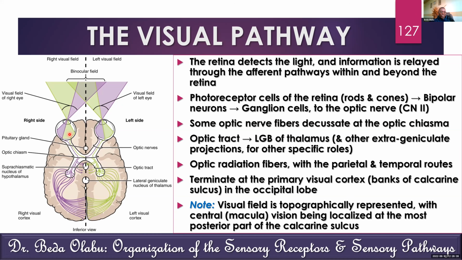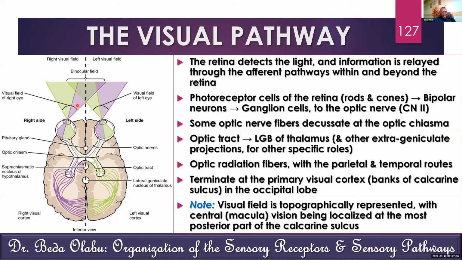So no decussation yet, whatever decussation will mean at this point. No crossing over. So the information from the nasal retina, which represents the temporal field, will be carried by optic nerve fibers, the ones that are going to decussate. At the optic chiasma, the fibers that decussate are the optic nerve fibers from the nasal retina.